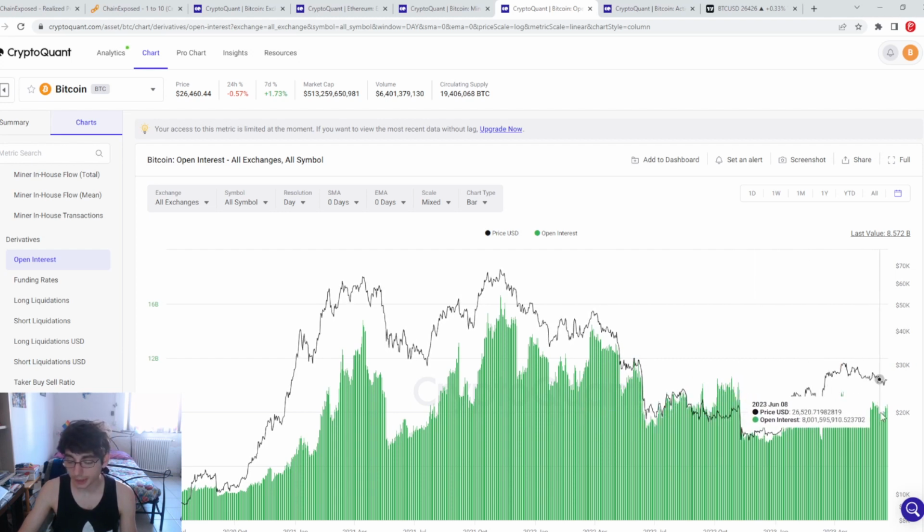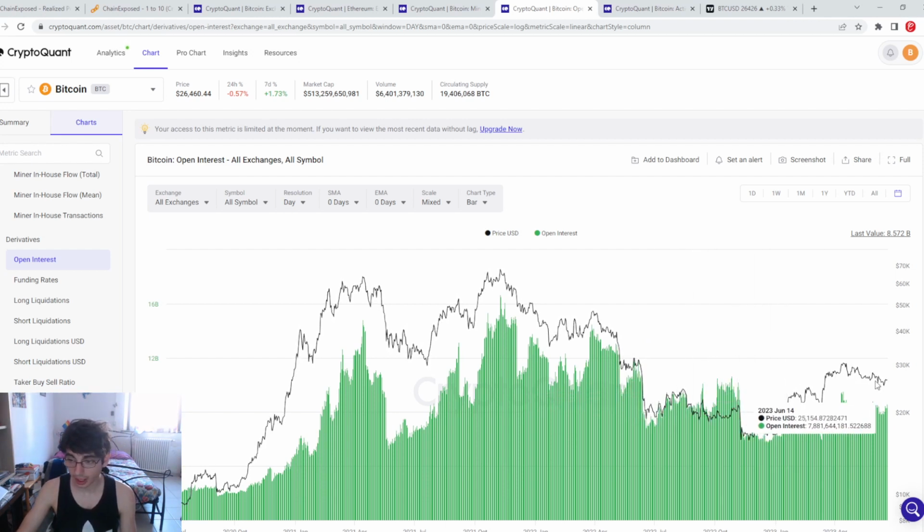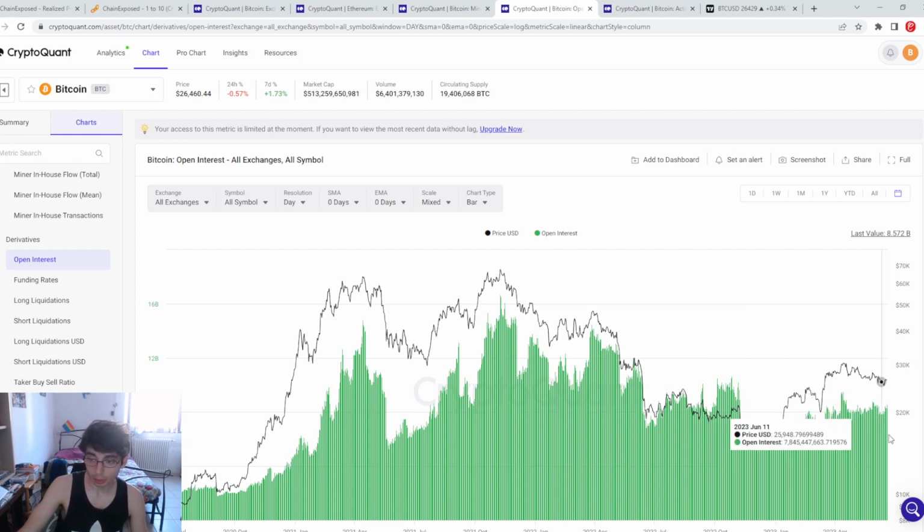So there is still the probability that if we break through a low level like 20k, as we did right here, we dropped down to 16k really fast because there was open interest with a stop loss right there. Now we see a little increase, and there is still a lot of closing below 20k, so there will not be much open interest destroyed if we break through, probably just a little bit.